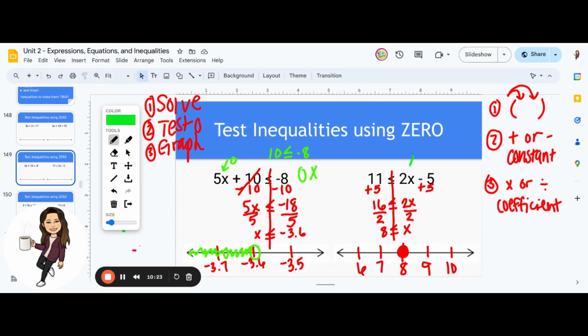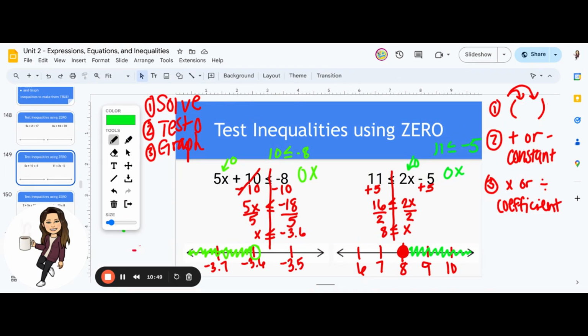So if we plug in a 0 right there, 2 times 0 is 0, so we'd have 11 is less than or equal to a negative 5 when we plug it in. 11 is not less than 5. 11 is greater than 5. So 0 does not work. And so, if 0 doesn't work, it means we are shading away from 0.